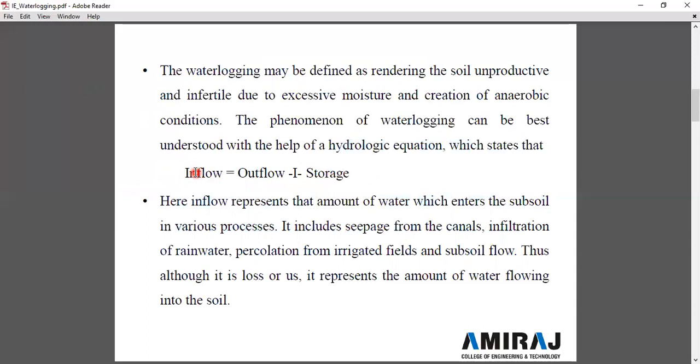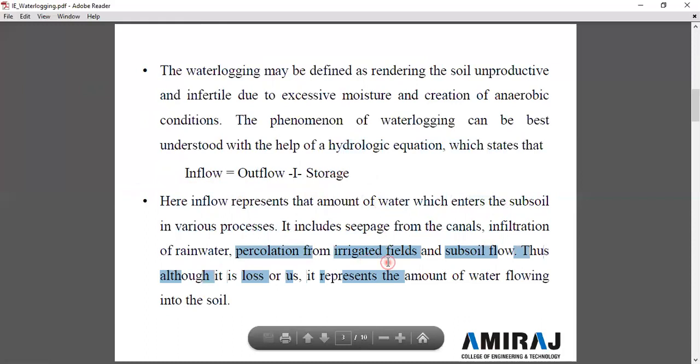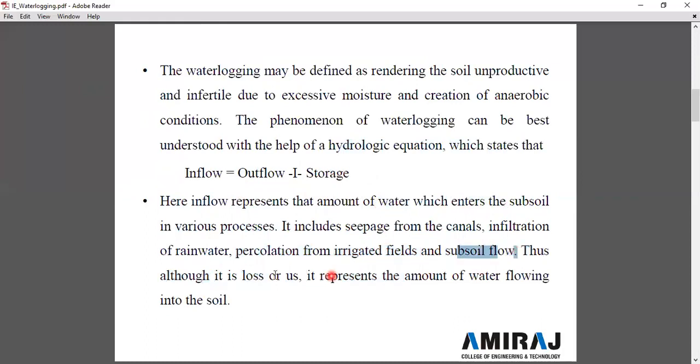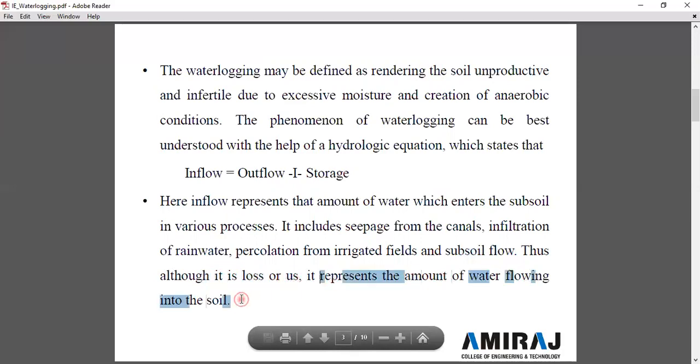Here, inflow represents the amount of water which enters the subsoil through various processes. It includes seepage from canals, infiltration of rainwater, percolation from irrigated fields, and subsoil flow. Although it is a loss for us, it represents the amount of water flowing into the soil.